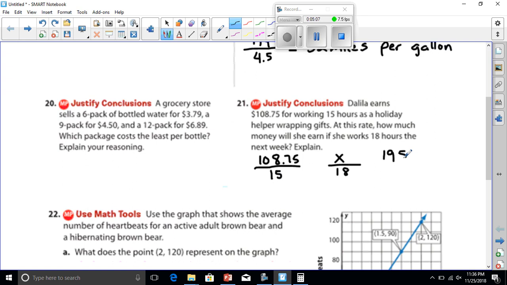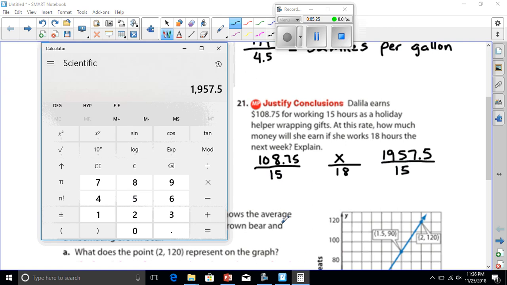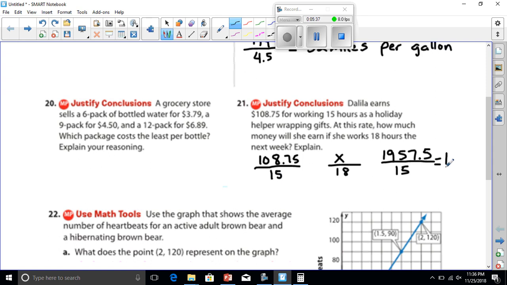Okay, and now we have to divide that by 15. You see that? And that will give us our answer. Divided by 15, and that's going to give me $130.50.